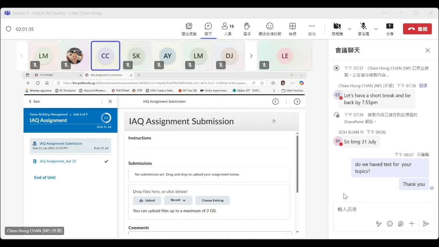How about any personal experience, issues that you faced inside your building that you think contributed to bad air quality? We'll hear from you first, then I'll share my personal experience.